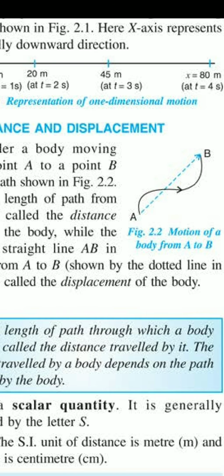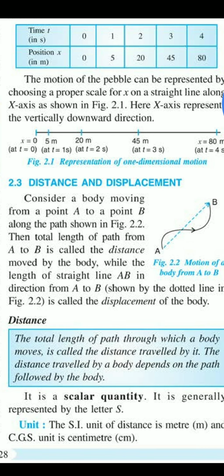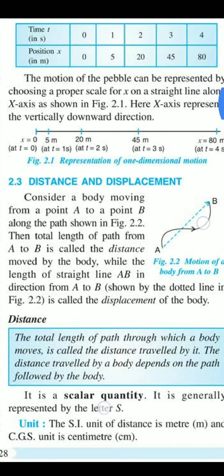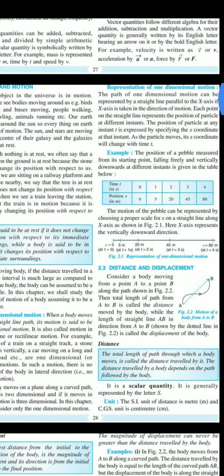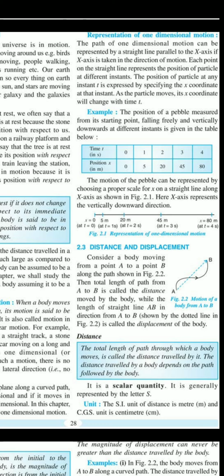So when you consider the path, then you are talking about the distance. But the line AB, can you see the line AB, the straight line, that will show us the displacement.